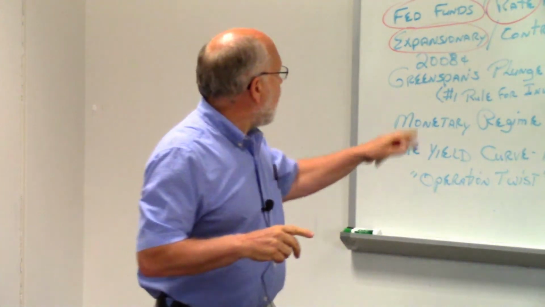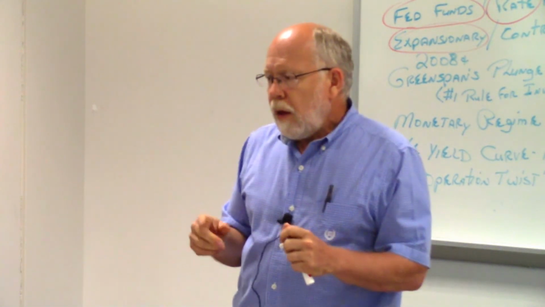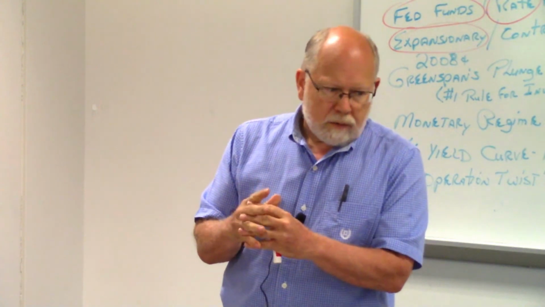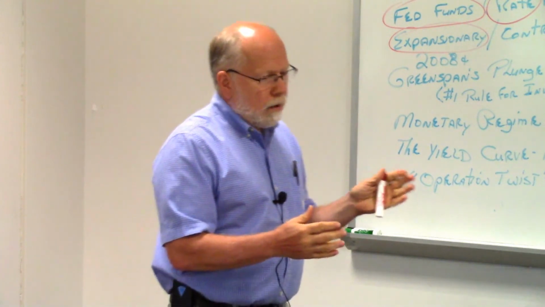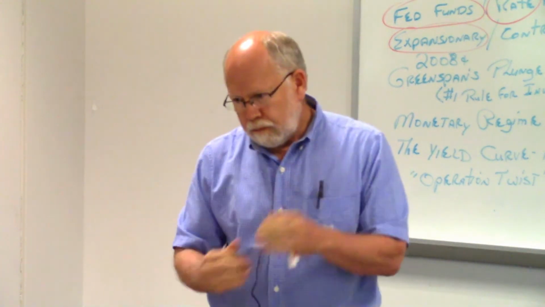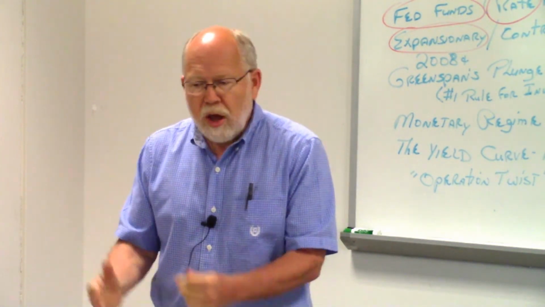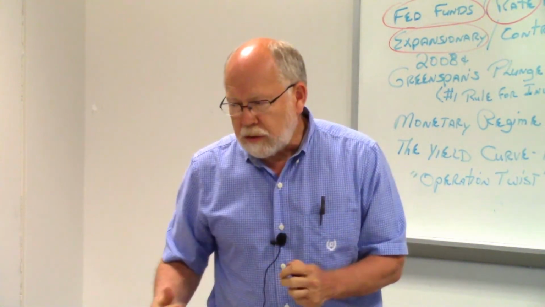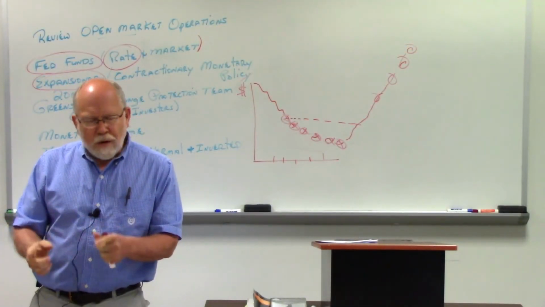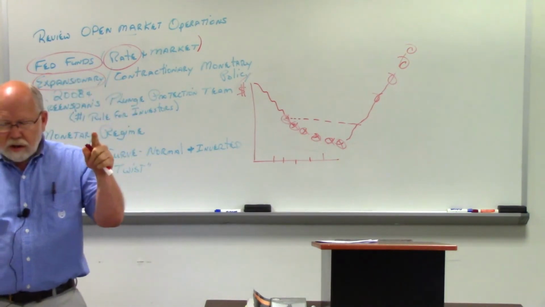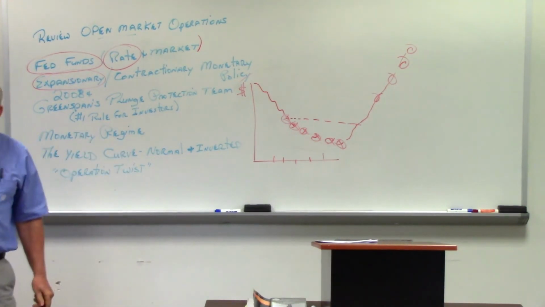Now, Alan Greenspan and every other chairman of the Federal Reserve signals to the market saying the market is overheated, we're going to bring inflation down. Or we're in the doldrums, we're in a recession here, and we're going to drive asset prices back up. So whichever they're going to do, if you know what the Fed has planned and saying, this is our target and this is what we're going to do, you don't want to get on the other side. You don't want to bet against the Fed.